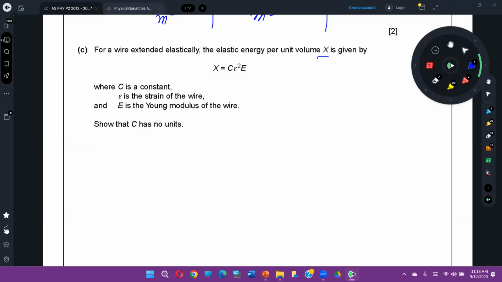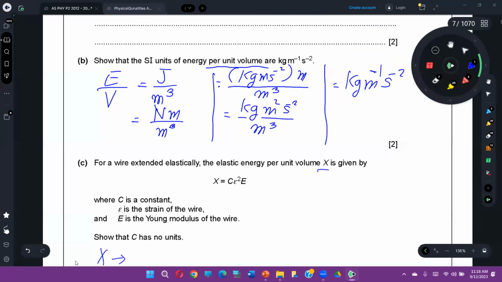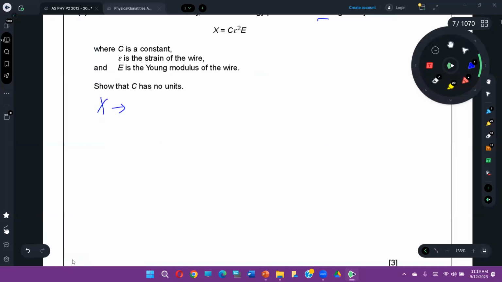Now C is a constant. He's asking us to show that C has no unit. Now what is the unit of X? We have just determined X. It is kg m minus 1 s minus 2.